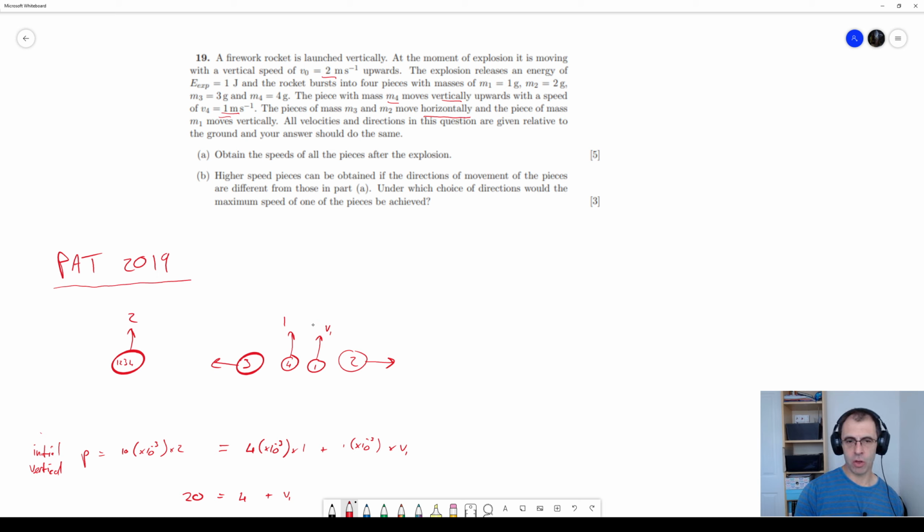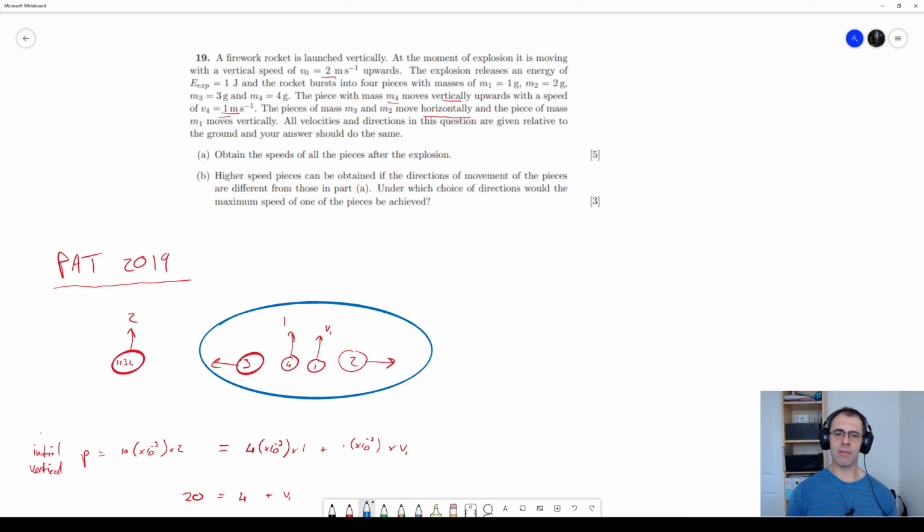If we think about it, the way that it has happened initially, where I have 2 going kind of horizontally, I think the best way I can share out that energy to achieve a maximum speed of one of the objects is to have all of that energy happen in a single direction. So we want all the kinetic energy to be working in the same direction.